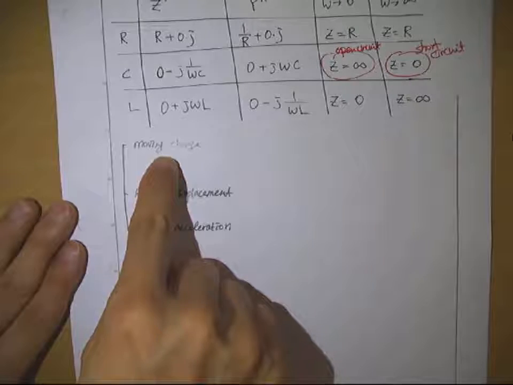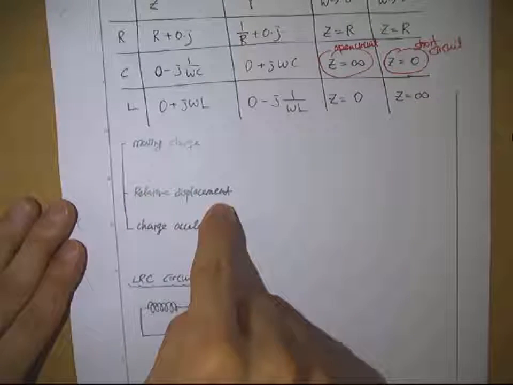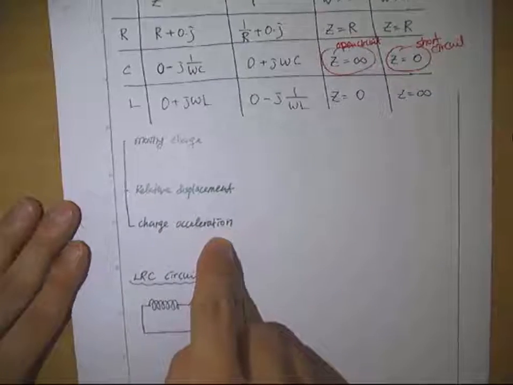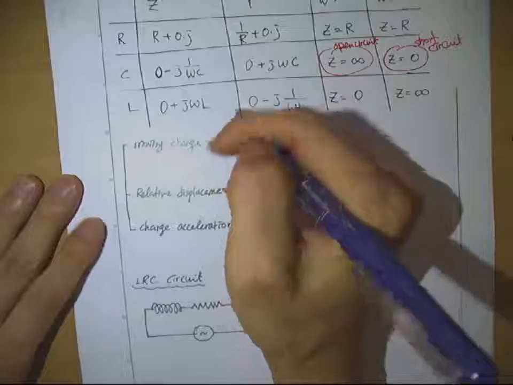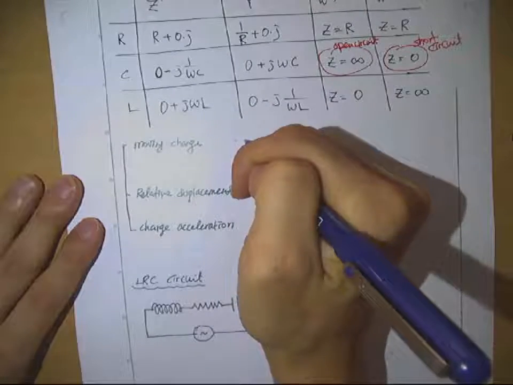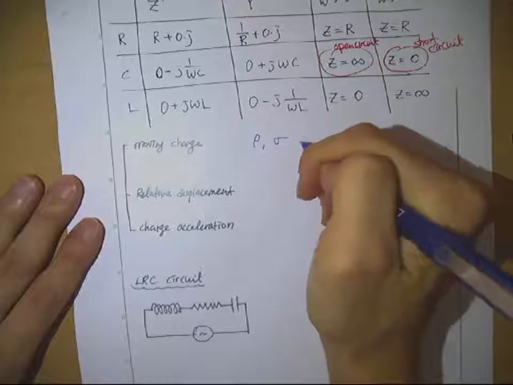Then let's think about the moving charge and relative displacement and the charge acceleration. Moving charge is captured by the conductivity, right? Electrical conductivity or the resistivity.